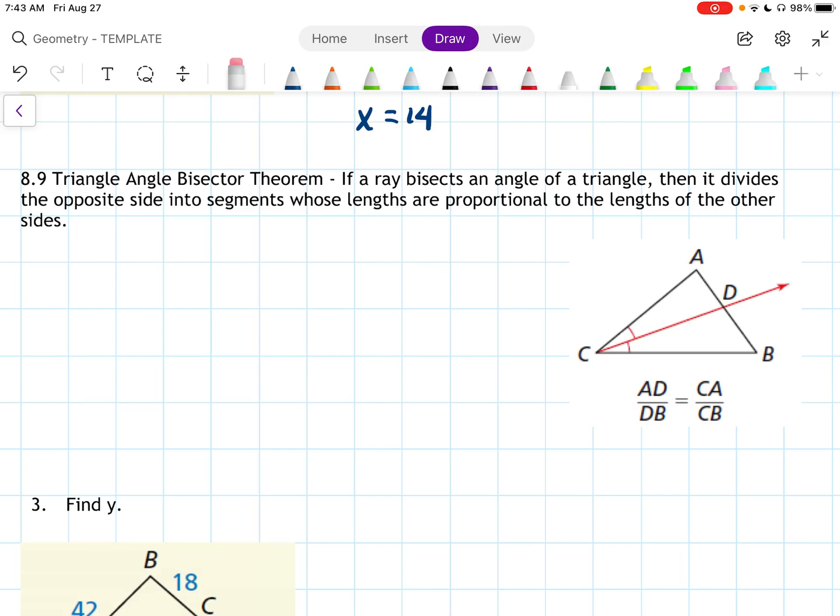And it tells us that the opposite side, AB, is cut, not necessarily in half, but it's cut. And AD, which is the first piece, over DB is equal to CA over CB. Right? So they took the left cut over the right cut equals the left side over the right side, right? If you're looking at the perspective of C.